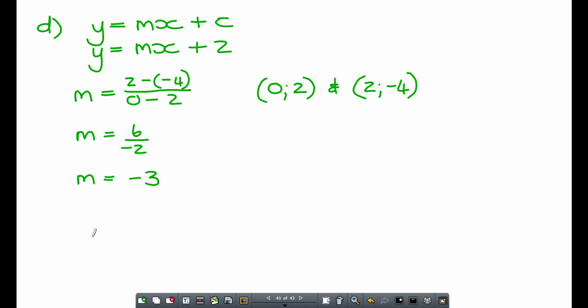So your final answer here should be y is equal to minus 3x plus 2. Does it look like a negative gradient on your picture? Is it facing the right way? Yes.